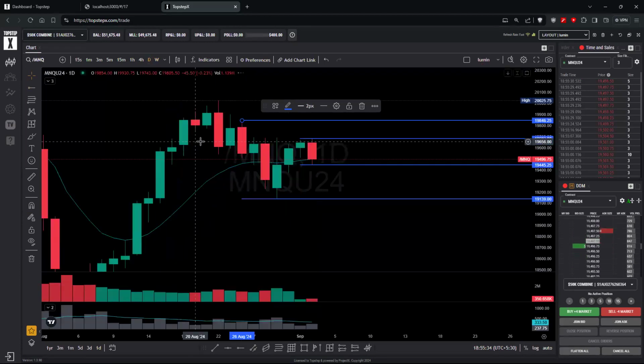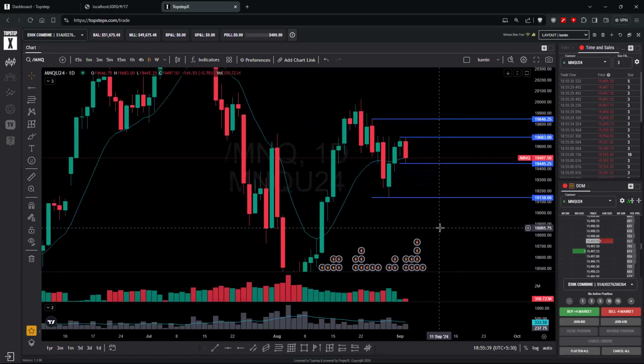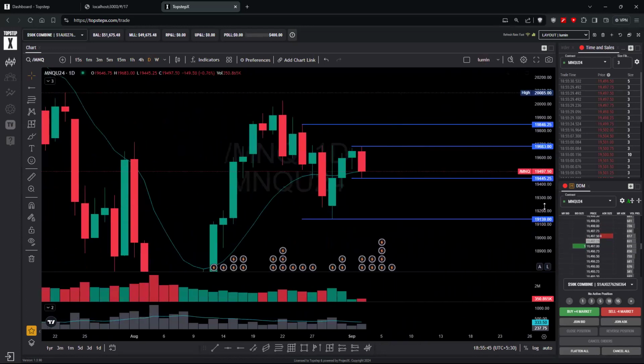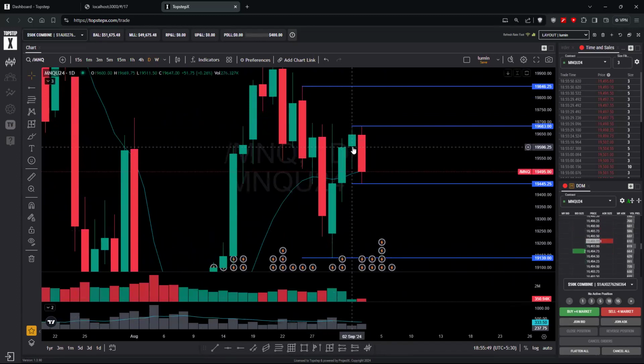Then I come to daily. For weekly, only high and low is important for me. For daily, previous day high and low is also important. But yesterday was a holiday, so I won't take this candle into account.